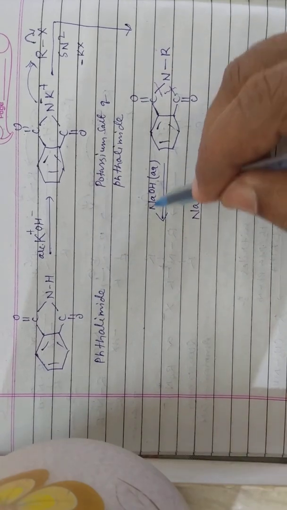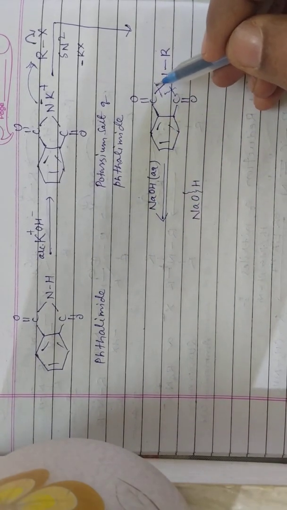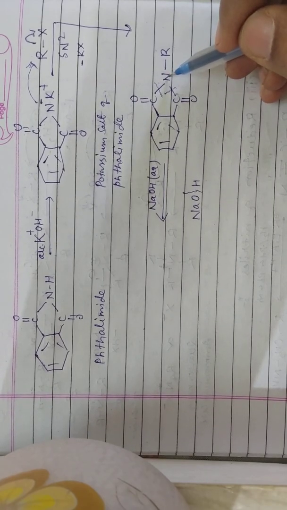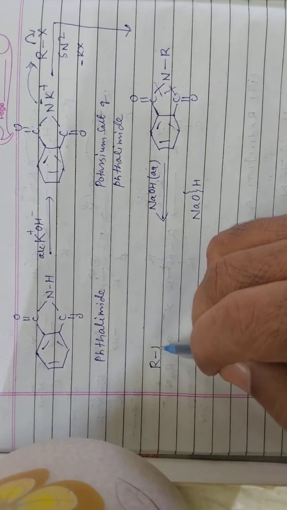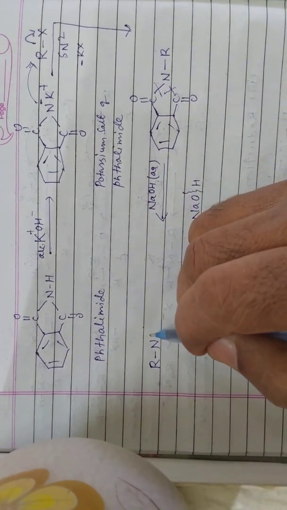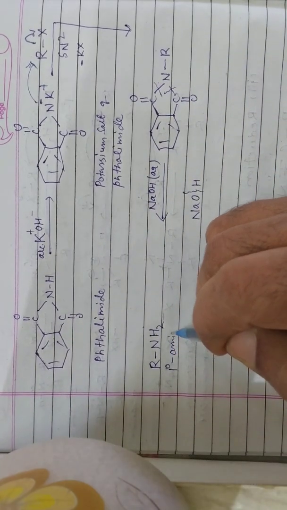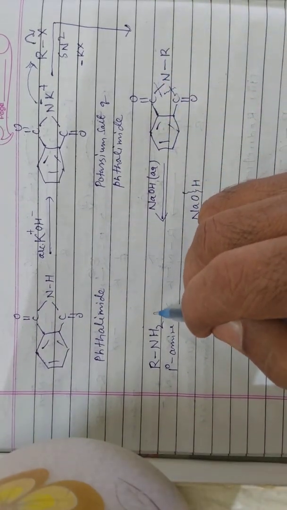So 2 units of NaOH are required, 1 unit to break this bond and 1 unit to break this bond, and 2 hydrogen will attach with this nitrogen. So what we get is R, N with 1 hydrogen and 1 hydrogen attached.